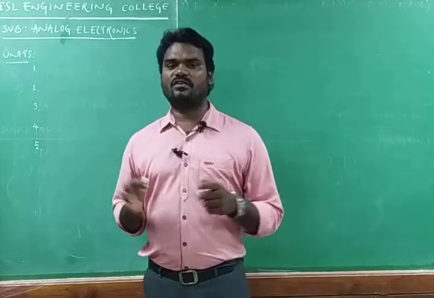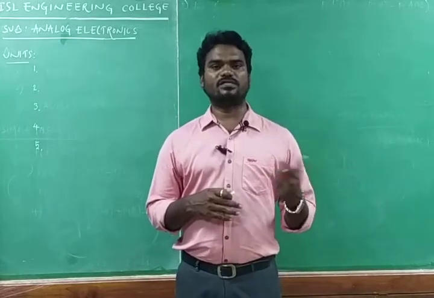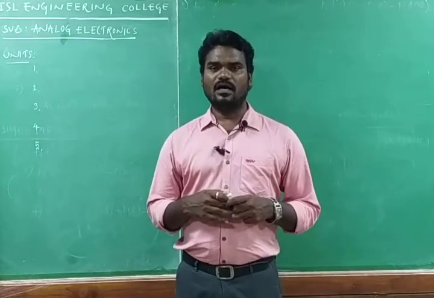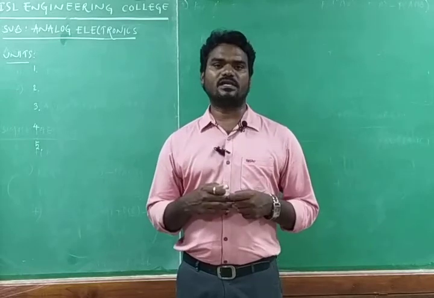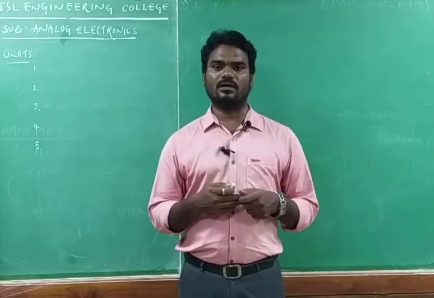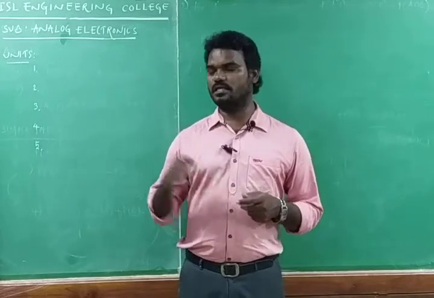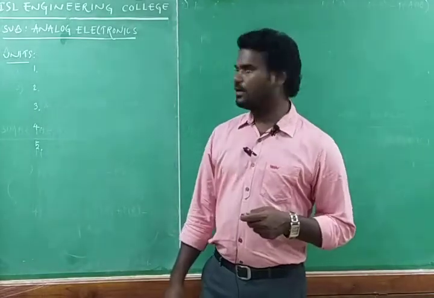The main objective of the analog electronics subject is to study some diodes and transistors. After studying the diodes and transistors, by connecting them in some electronic circuit, we have to examine the response. That is analog electronics.